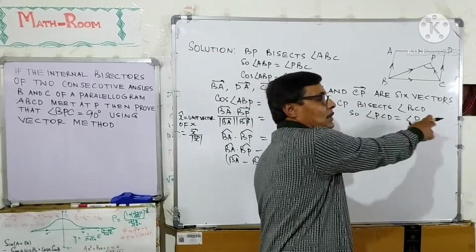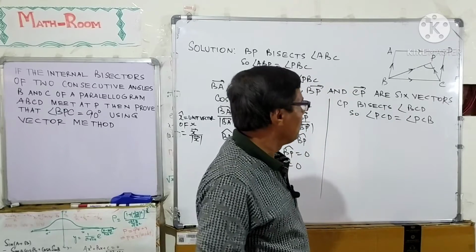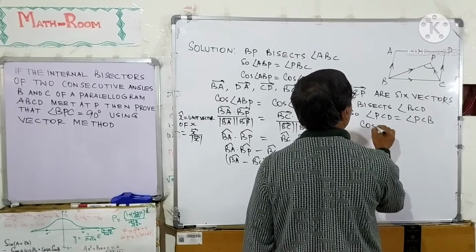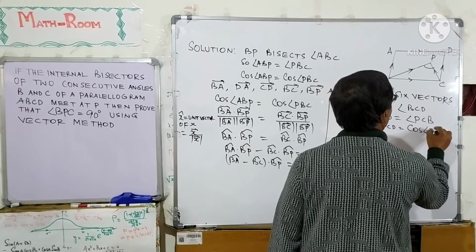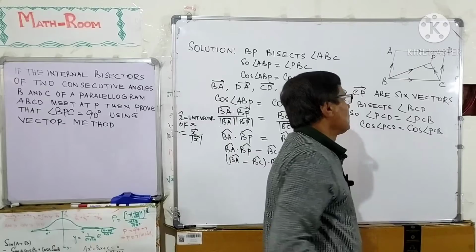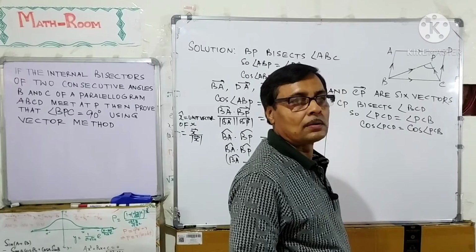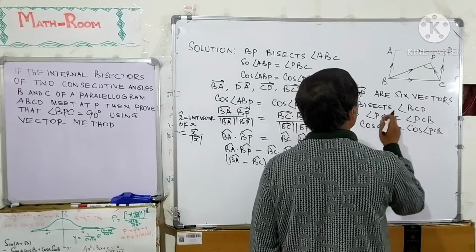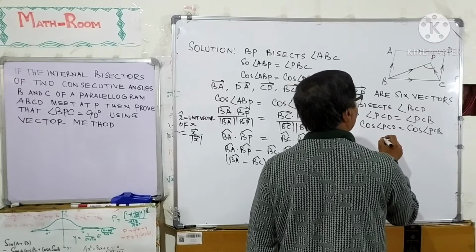Here also we can take the cosine of the two angles on both sides. So cos PCD equals cos PCB, and also cos PCD is equal to the dot product of two vectors over the product of their magnitudes.